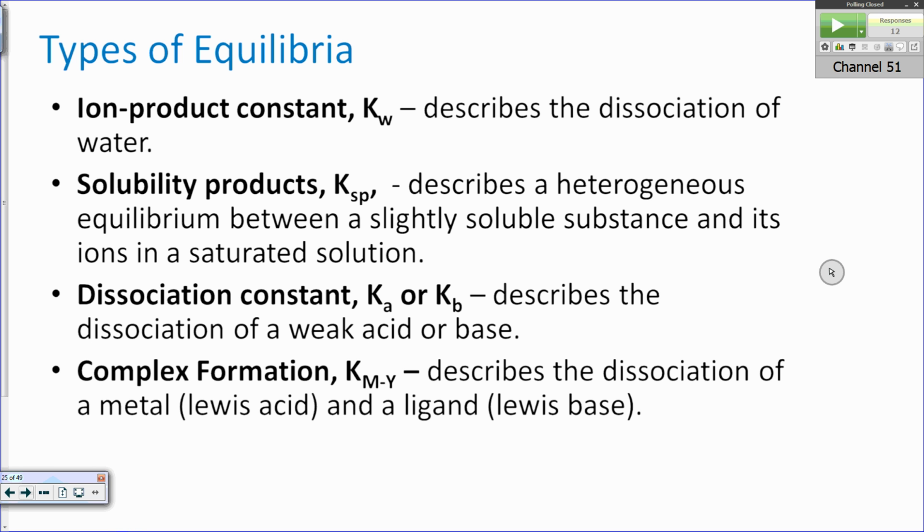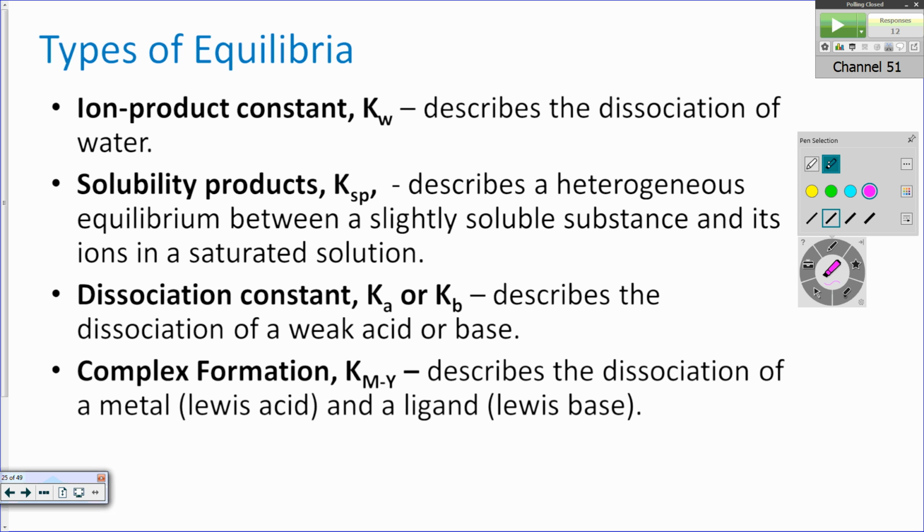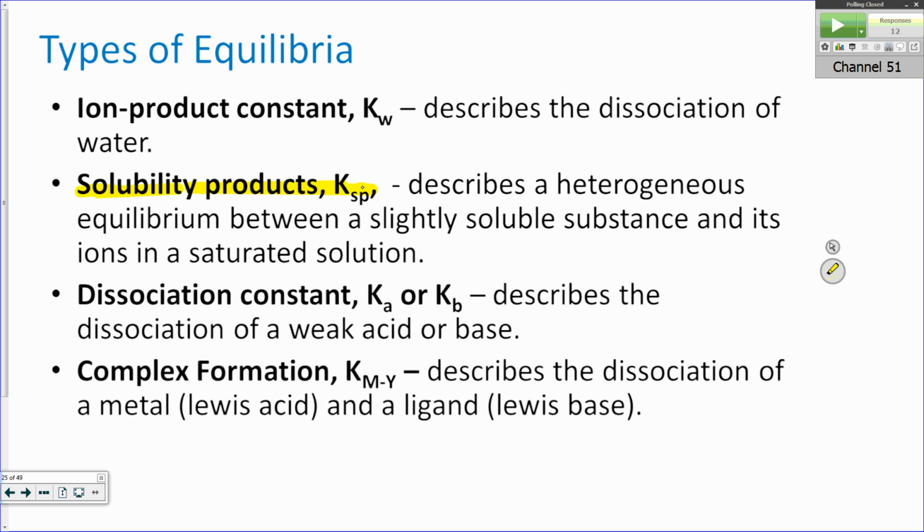We're getting there. Okay, so in the notes I talk about some more types of equilibria, and we're going to work specific examples of each of these in great detail. The first of those is the ion product, KW, the dissociation product of water. We're going to do lots of solubility expressions. Solubility product expressions are where you have a biphase equilibrium, a solid and a saturated solution.